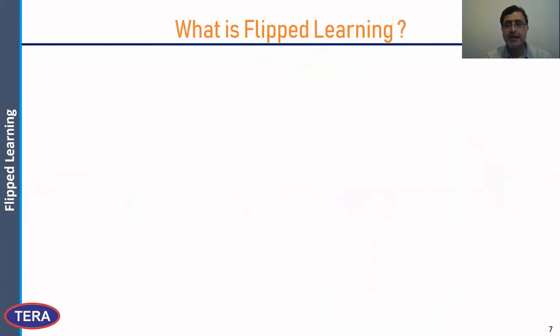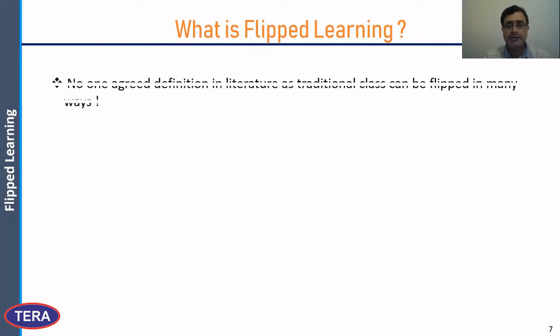With this understanding, let's try to understand a little bit more about what actually is flipped and how do we define flip. If we want to define flip, it is quite difficult in the sense that you cannot find one agreed definition of flipped learning in the literature.